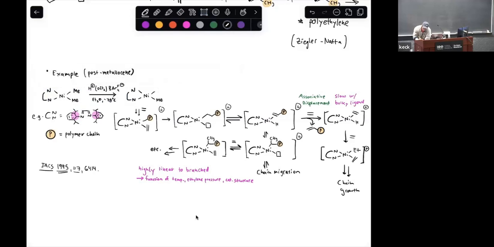Loss of methane. Loss of methane. Gas, that'll come off, and now you have your open coordination site. In an ethereal solvent, this will actually coordinate ether. And as it turns out, in this particular case, this is a stable isolable complex.